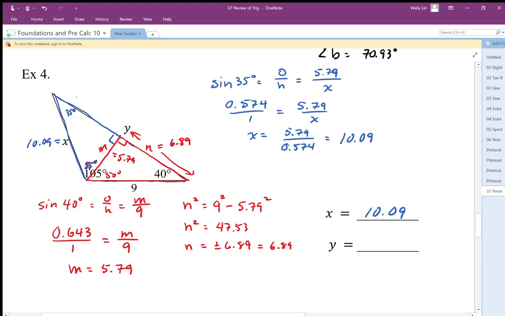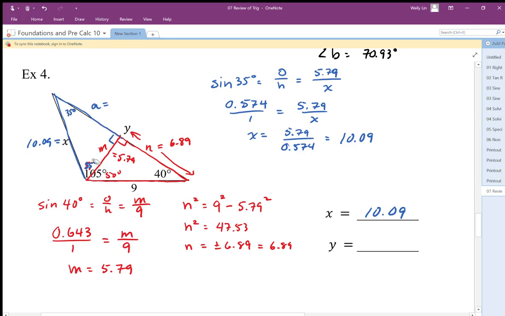And then I'm going to find this other side here, which we'll call side A. I did Pythagoras on the red triangle, so in this case I'm going to use the trig ratio.